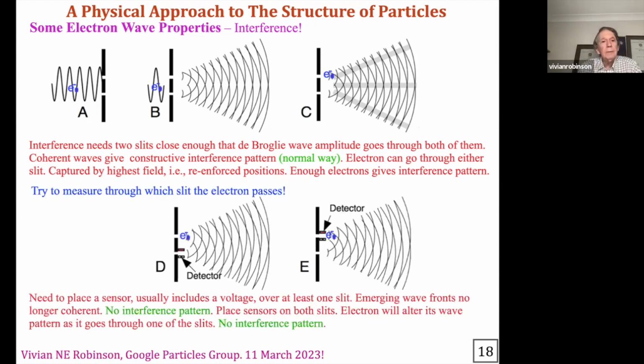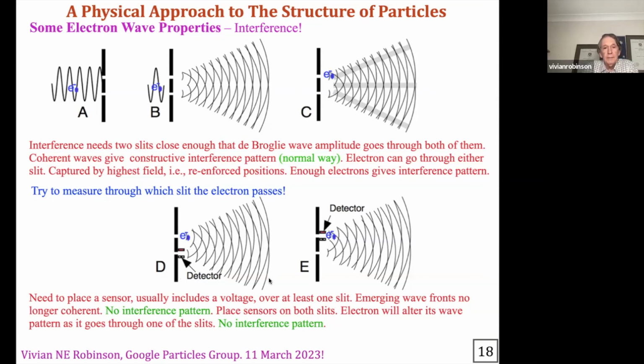But what happens when you try to measure through which slit the electron passes? Well, in order to do that, you have to place a sensor over one of them, which usually includes a voltage. Now, placing a voltage over one and not over the other will put the phases of the same electromagnetic wave out of phase.